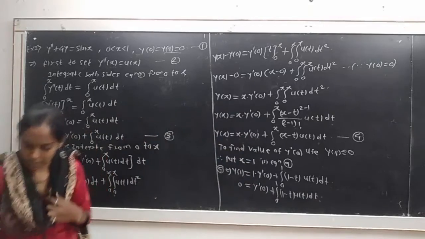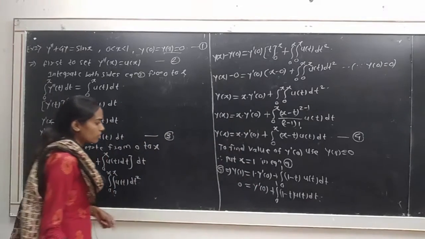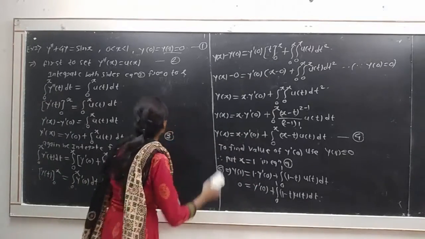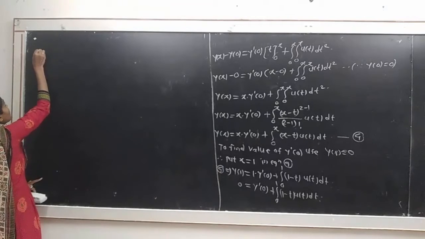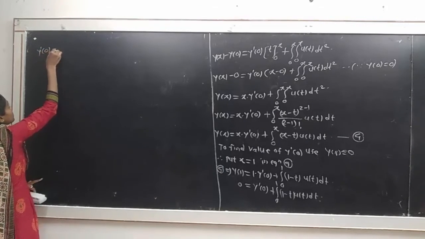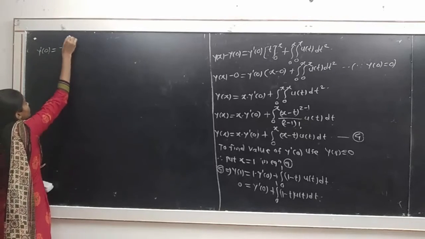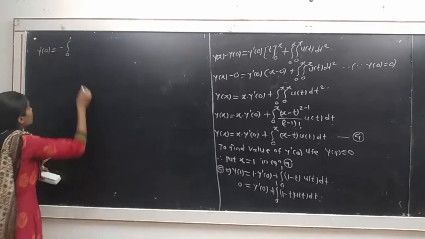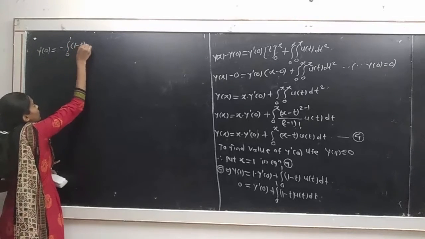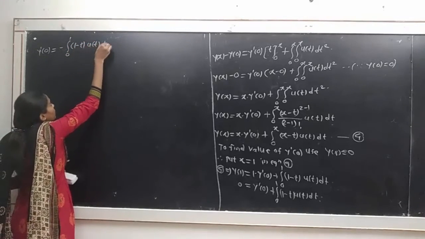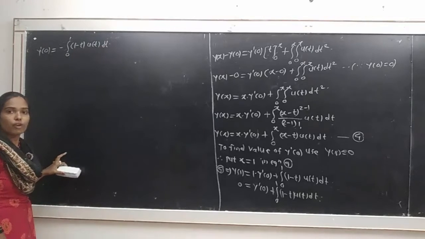Okay, then we find the value of y dash of 0. Y dash of 0 is equal to minus integration from 0 to 1 in bracket 1 minus t into u of t dt. This is the value of y dash of 0.